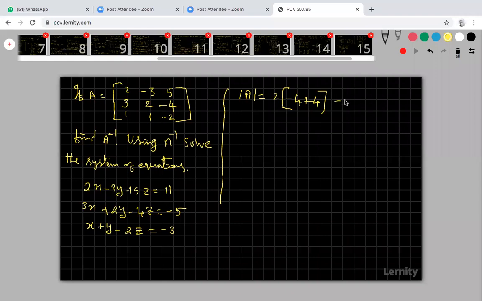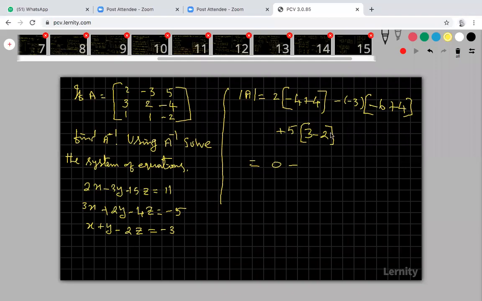And minus of minus 3 into, leave this column, leave this row. So therefore 3 into minus 2, minus 6. And this is minus of minus, plus 4. Plus 5 into, leave this column, leave this row. So therefore this is 3 minus 2. So therefore this is 0.